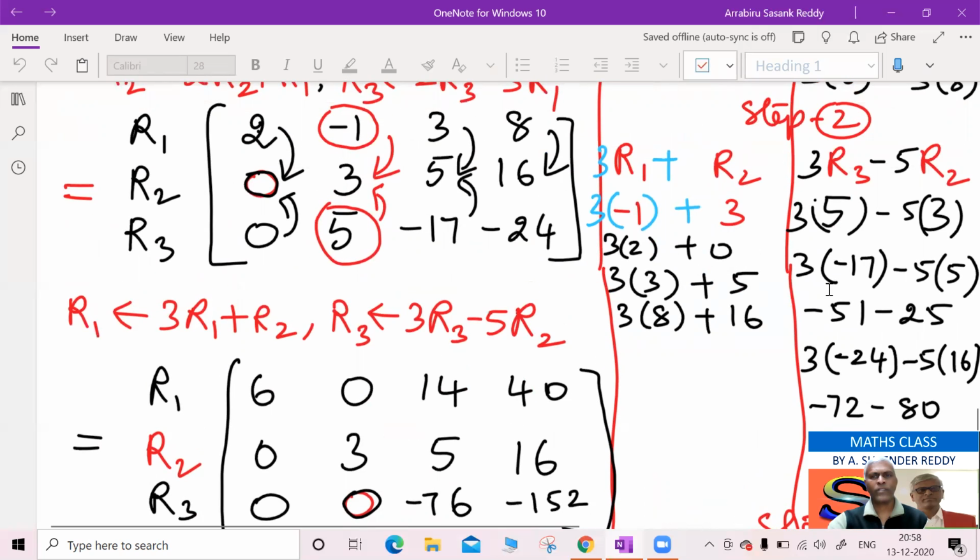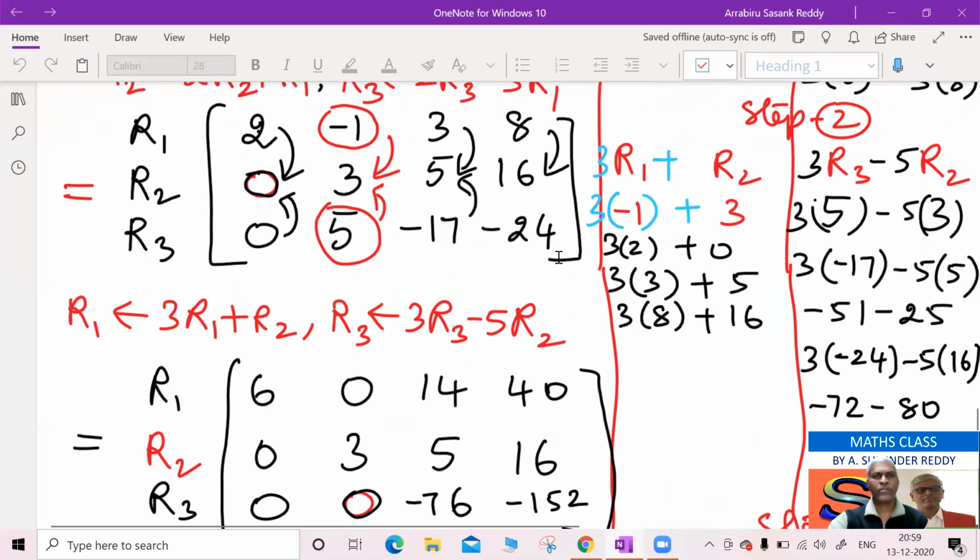So 3 into -17 minus 5 into 5. R3 -17, R2 5. You get 3 into -17, -51, 5 into 5, -25. So -51 -25, -76. So -17 becomes -76.